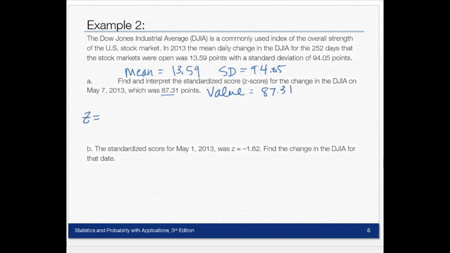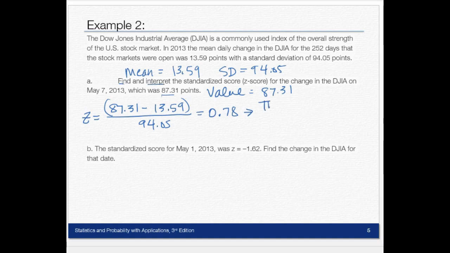So to find my z-score, I take my value first, always do the value first, subtract the mean, then divide by the standard deviation. When I do that, I get a z-score of 0.78. Now, it says find and interpret, so we need to interpret this.